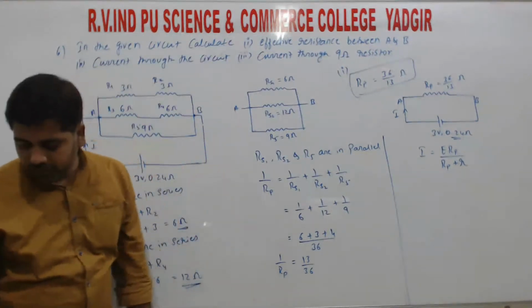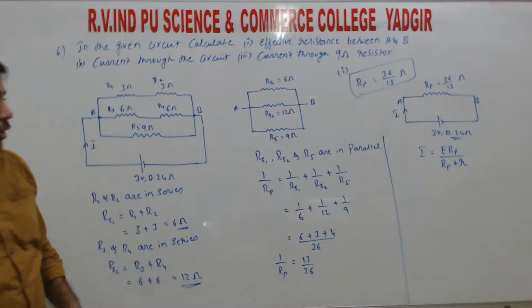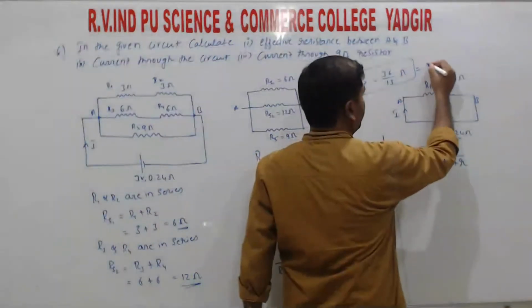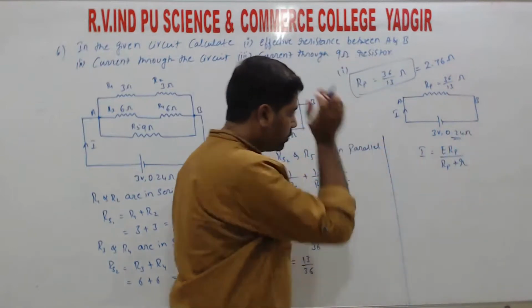So the value of RP is 36 divided by 13, which is 2.76 ohm, right?